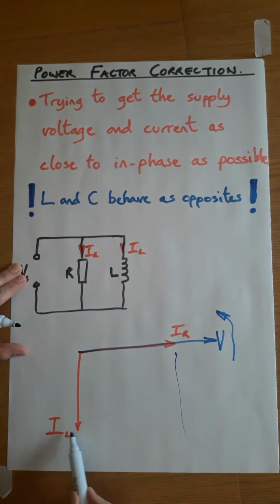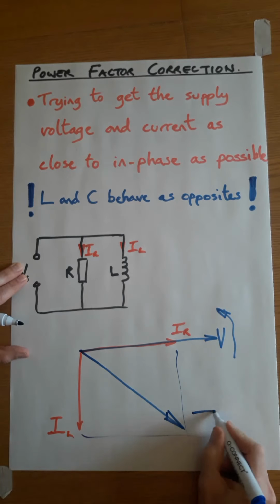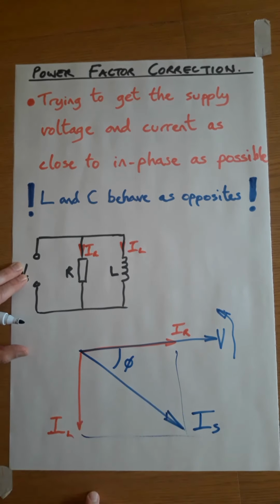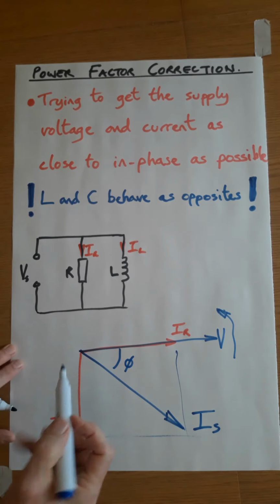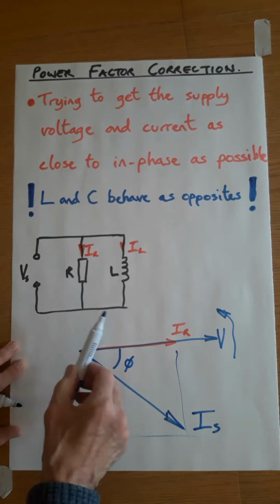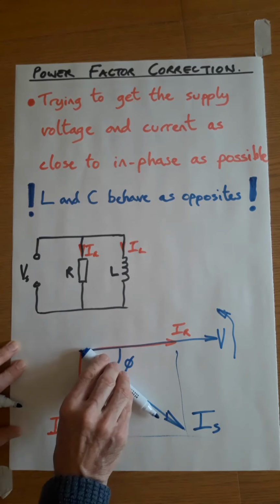And the resultant supply current is going to be there, IS with a phase angle phi. So this is the problem we have. We're running a motor, an electromagnet, a solenoid, whatever it is, and it's giving us a lagging power factor.